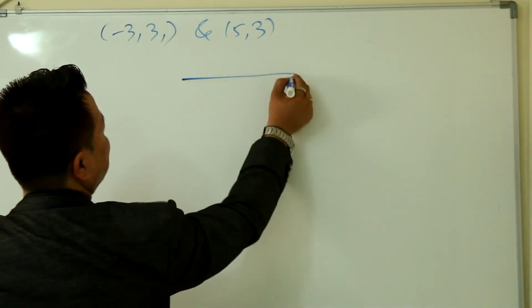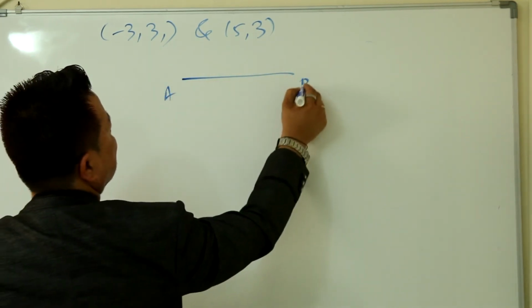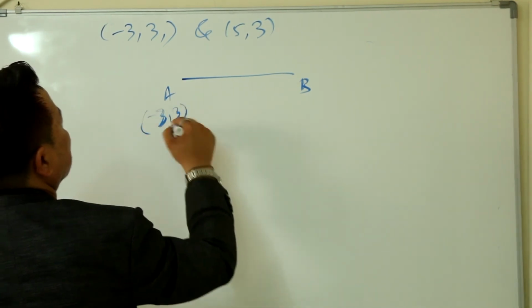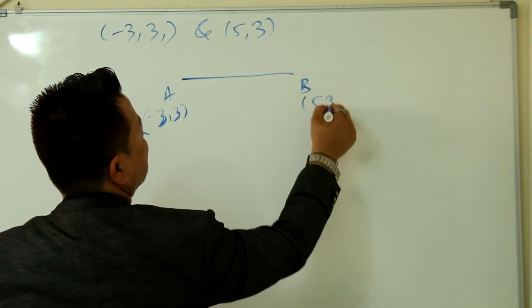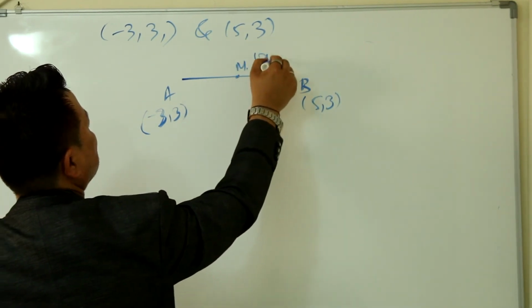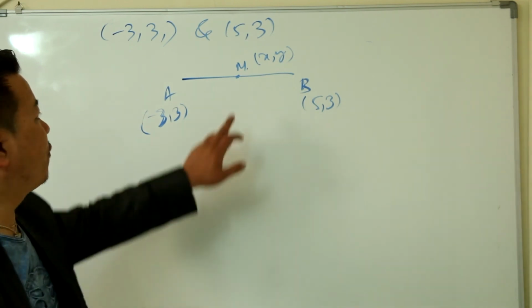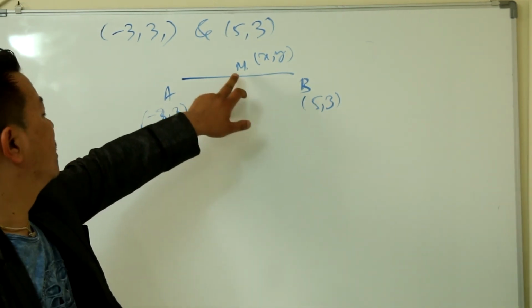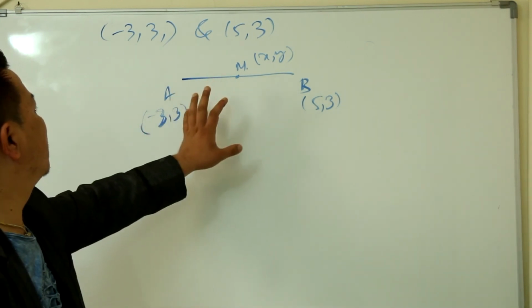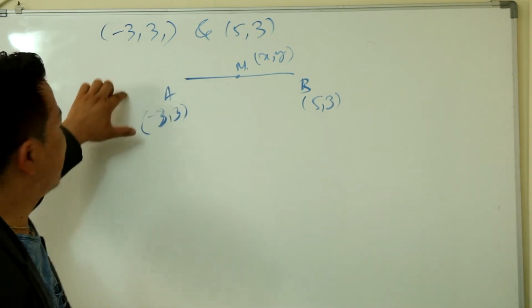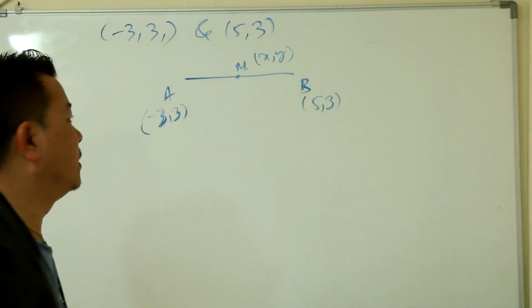Just to understand the problem, the two points are here. A is -3, 3 and B is 5, 3, and we have to find the midpoint x, y. We have to determine the point M, which divides this line segment, and the coordinates of A and B are given.